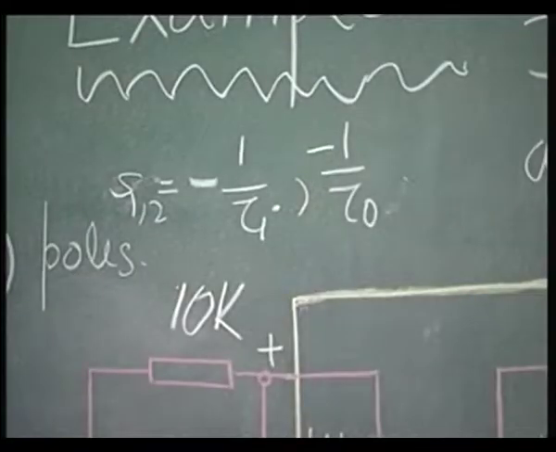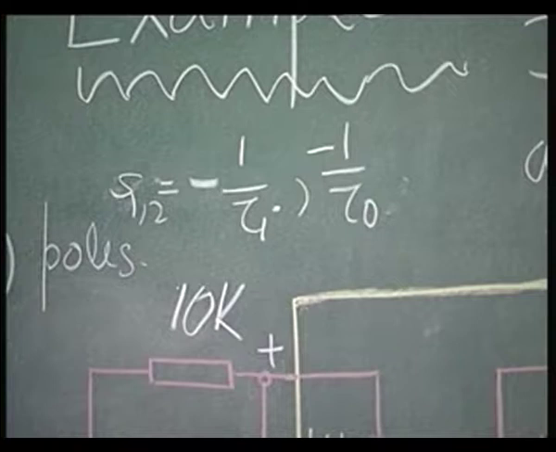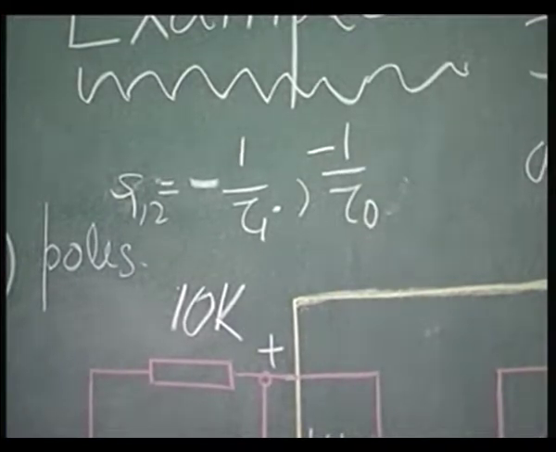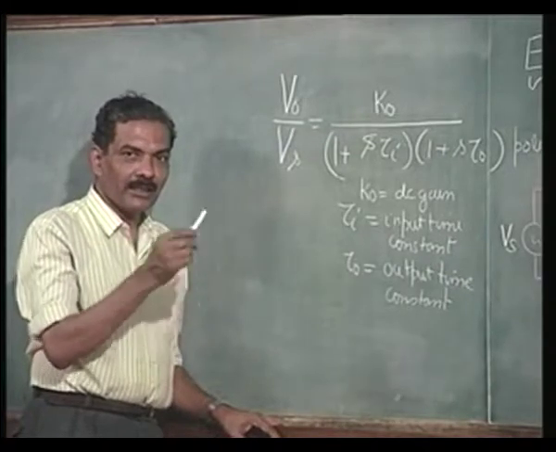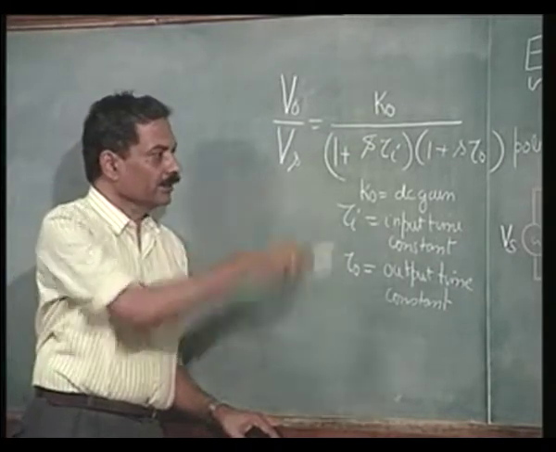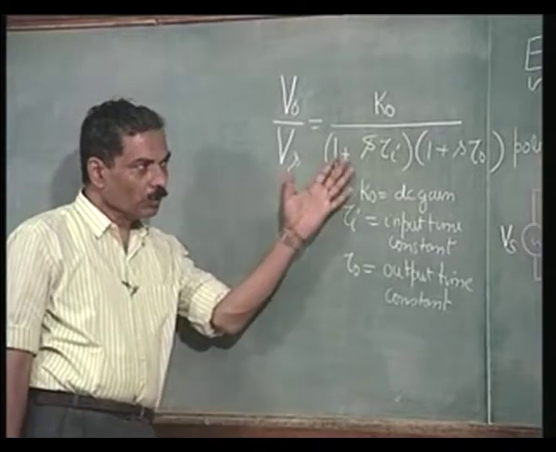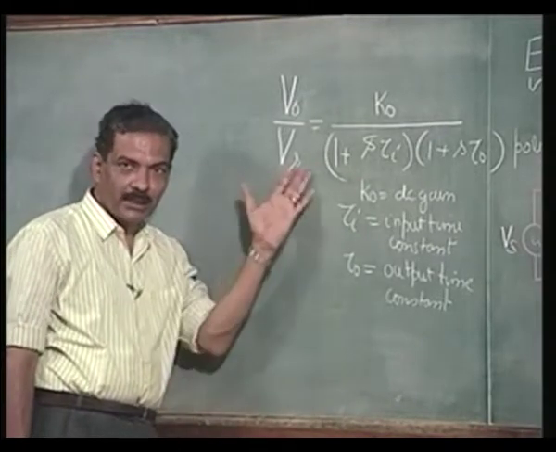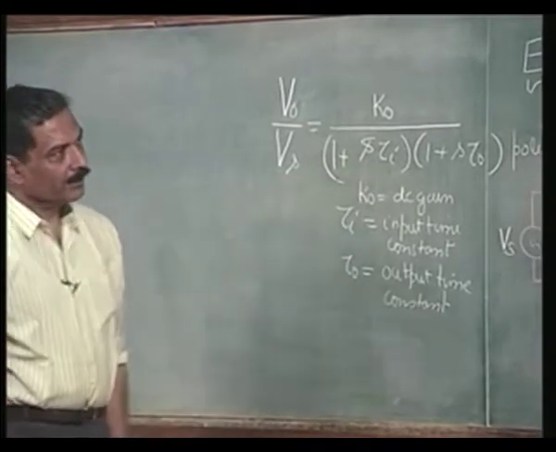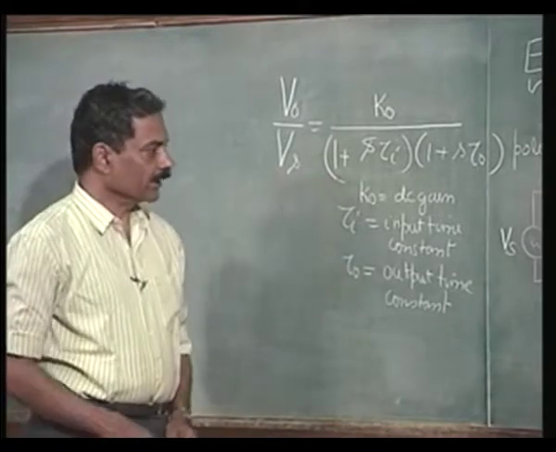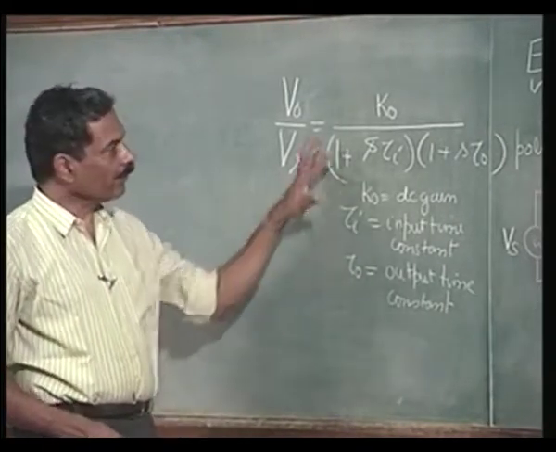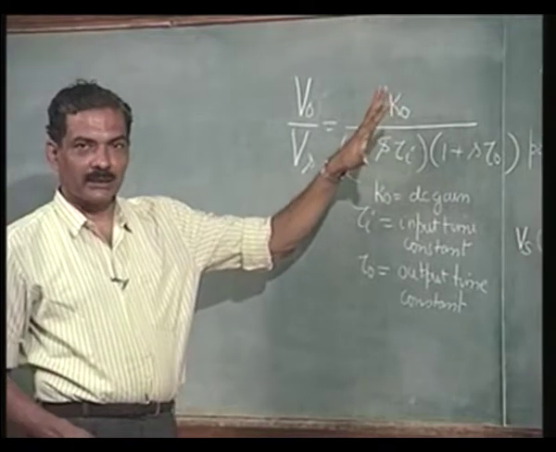Okay? So, of the S domain. S domain has real part and imaginary part. In that, it will lie on the negative real axis. So, this is a two pole system or a second order system. There are two time constants connected with this system, and we have obtained the Bode's plot in the last class.